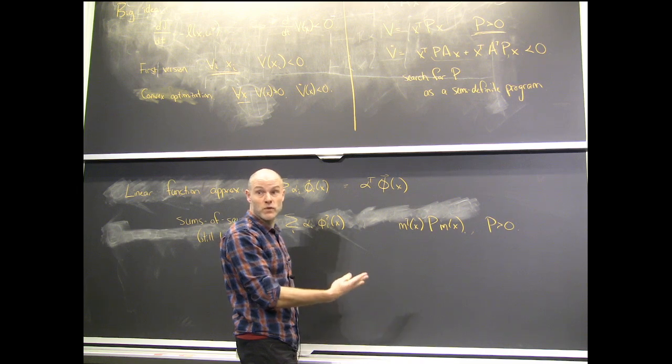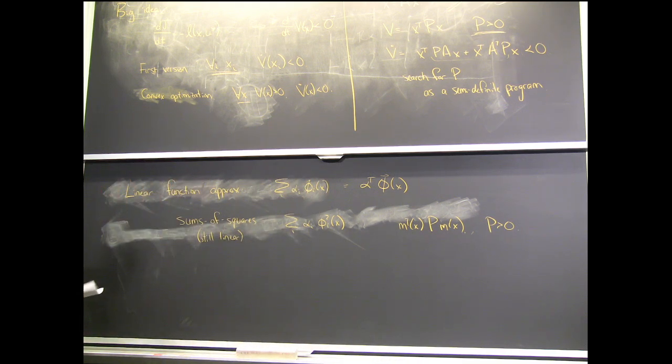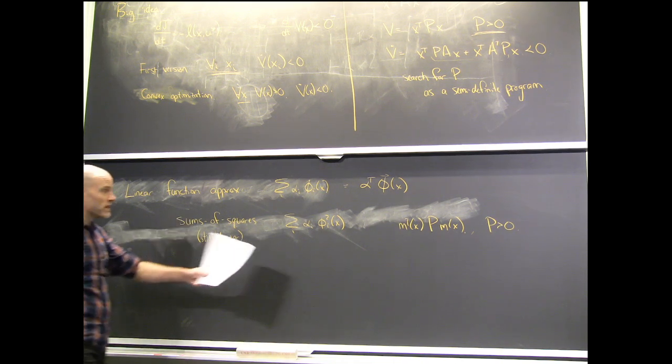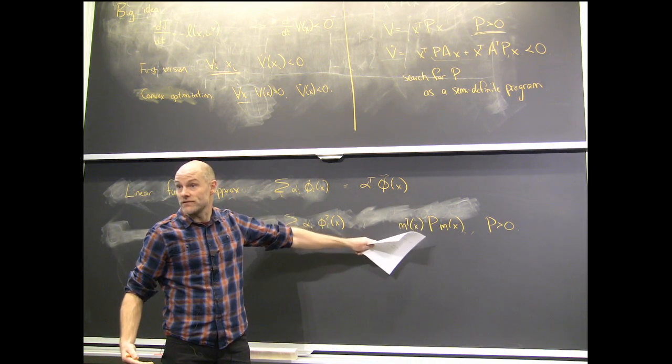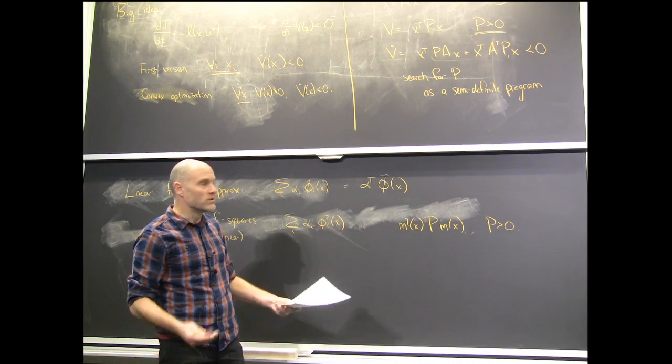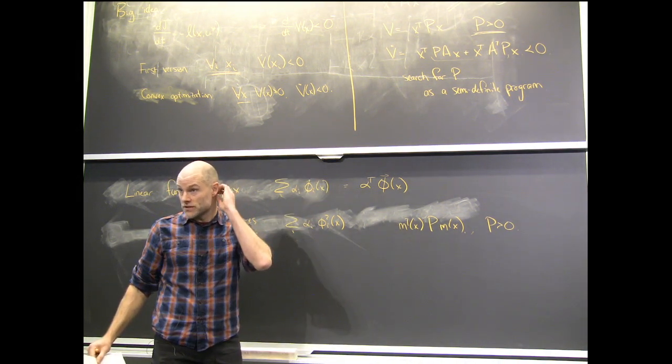It's a sum of squares. So this gives us a set of tools for searching over interesting functions that are only positive, or with a minus sign, only negative. And those are exactly what we needed to satisfy the Lyapunov conditions.